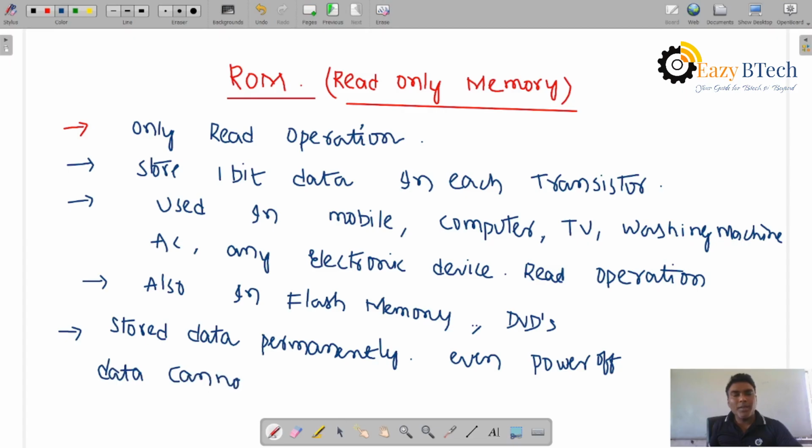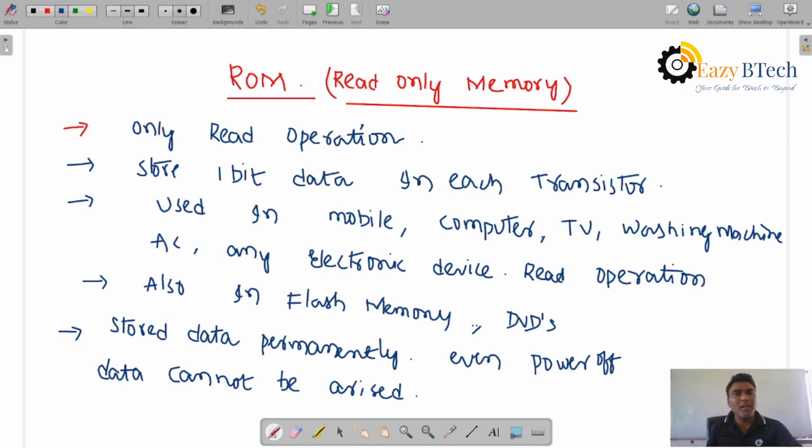That is the advantage of ROM. Whereas in RAM, if power is off, the data will be erased, so that is a temporary storage.